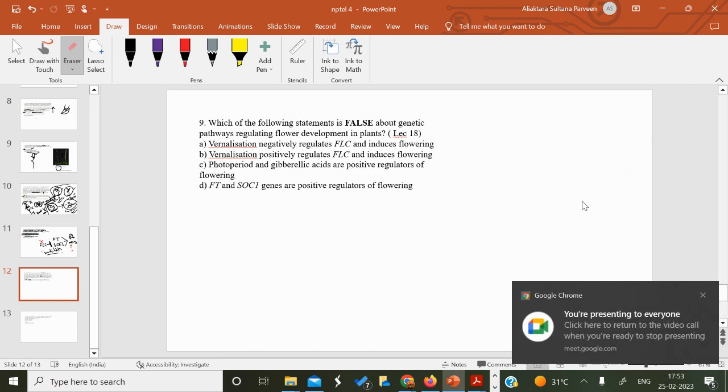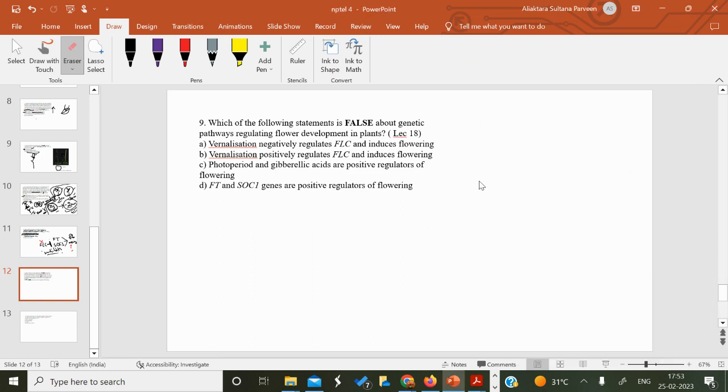Okay, so anyway, this FLC gene is sensitive to external conditions like temperature. Vernalization is a treatment of a plant with cold temperature, like 4 or 5 degrees. When you treat a plant with cold treatment, it can induce flowering, even when it is not the season.